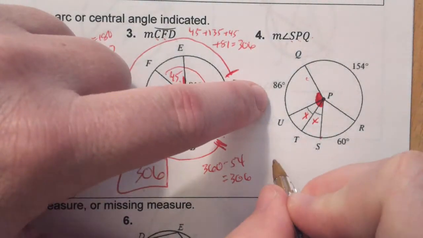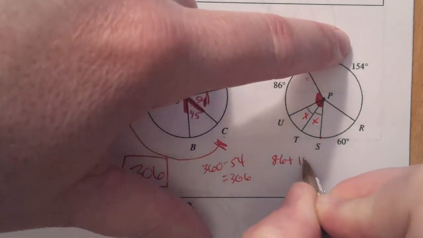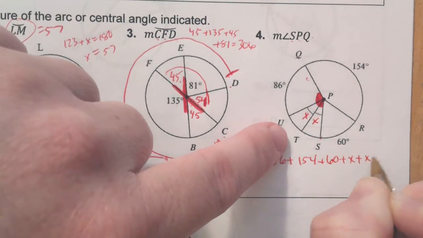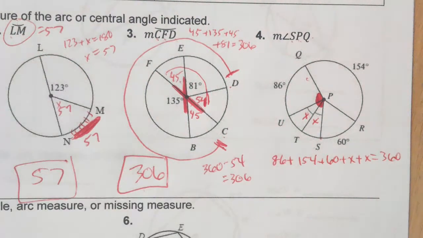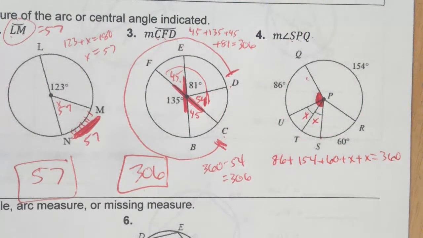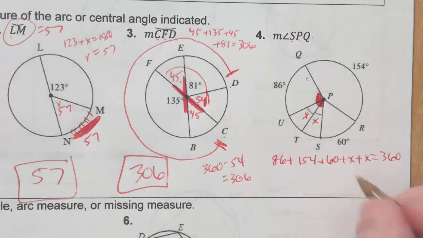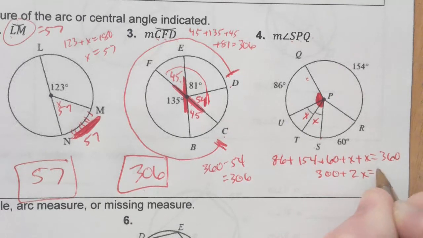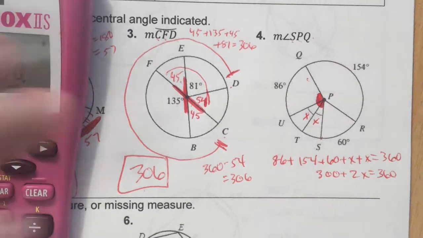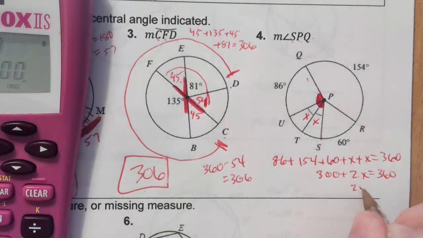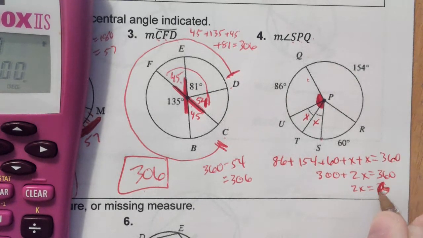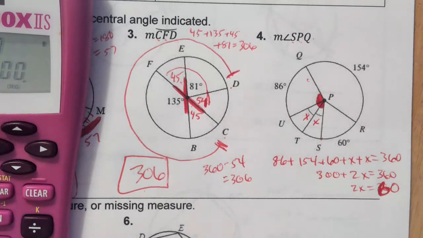So I have 86 plus 154 plus 60 plus 2X equals 360. So 86, 154, and 60 add up to 300, plus I had two X's, so 2X plus 300 equals 360. So 2X equals 60, because I subtract 300 from both sides.